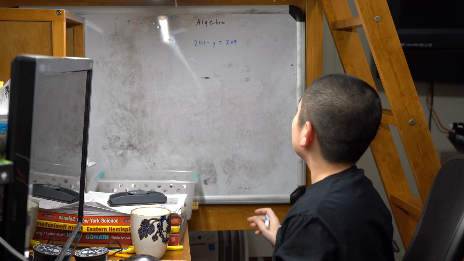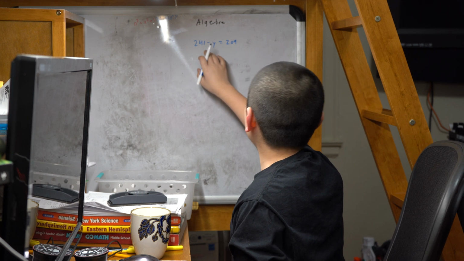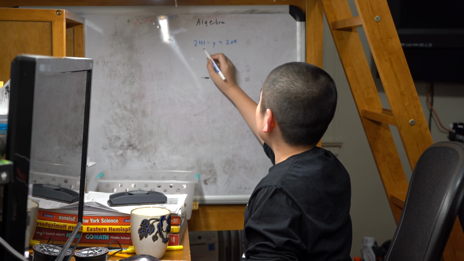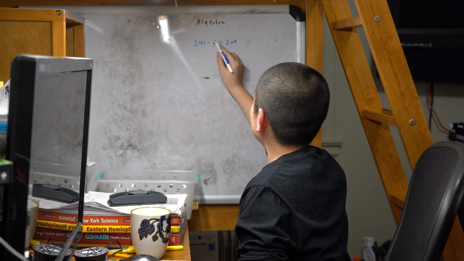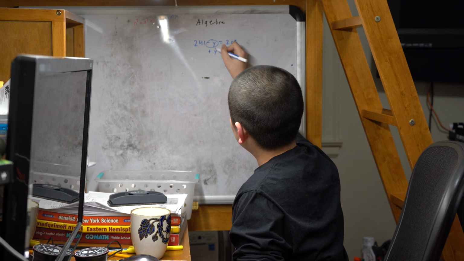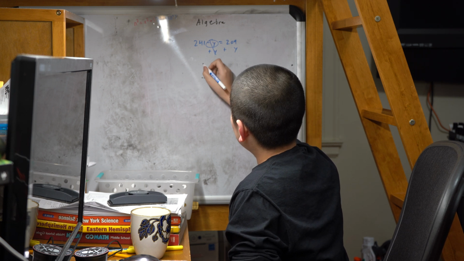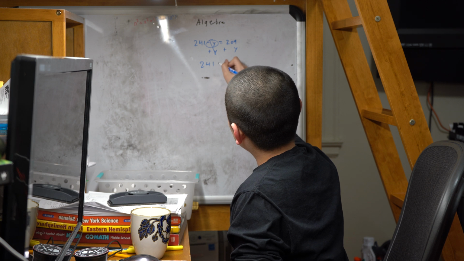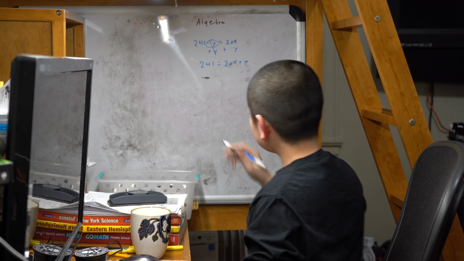Since you can't really do this side, you have to start with the y. So you have to add y to minus y to cancel out. So then you're left with 241 equals 209 plus y.